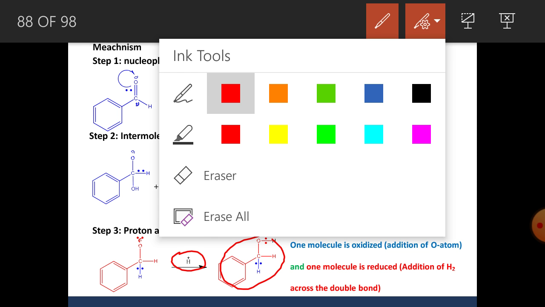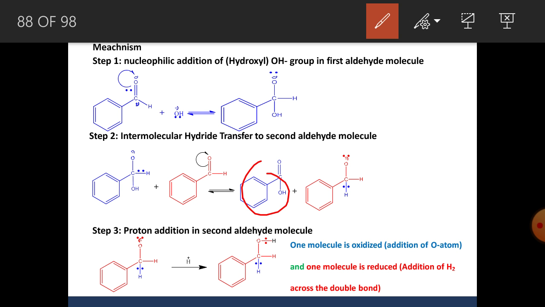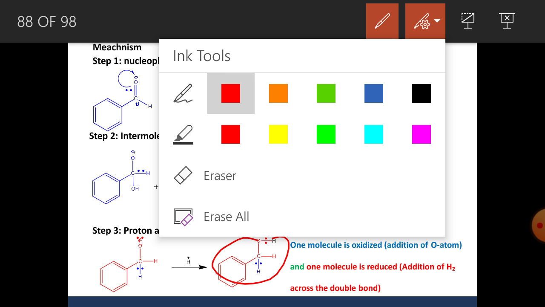So simultaneously we are getting two products: the oxidation product is benzoic acid and the reduction product is benzyl alcohol. So this is named the Cannizzaro reaction. Here one molecule is oxidized, that is addition of oxygen takes place, and one molecule gets reduced, that is addition of hydrogen takes place.